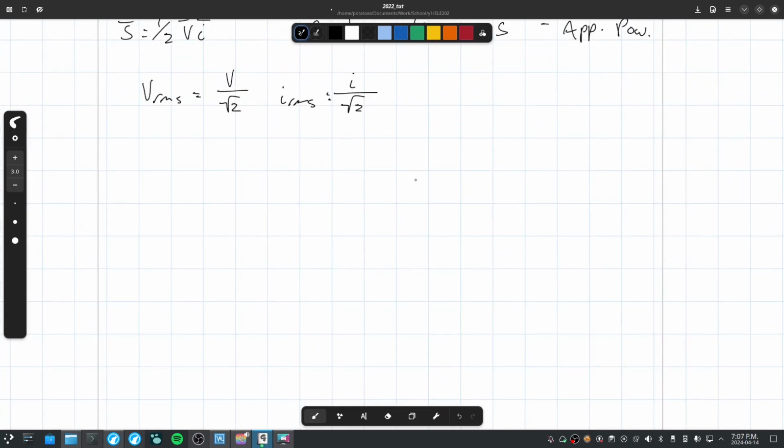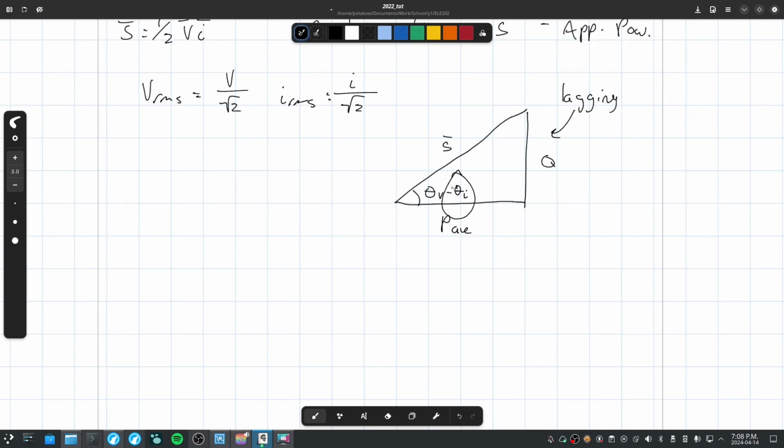So, let me just draw a power triangle here. This is the phase. This is S, this is Q, and this is P average. This is lagging. If the phase angle of I is greater than the phase angle of voltage, it flips upside down.